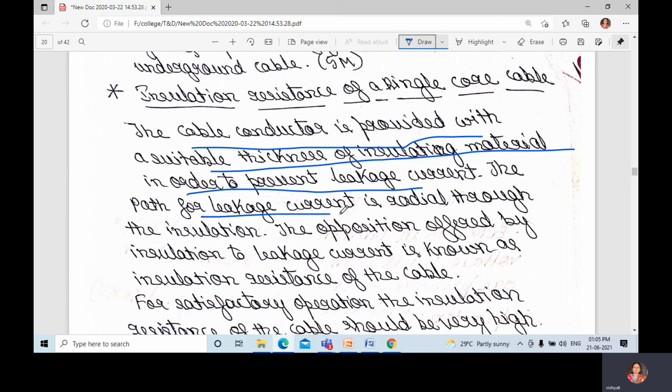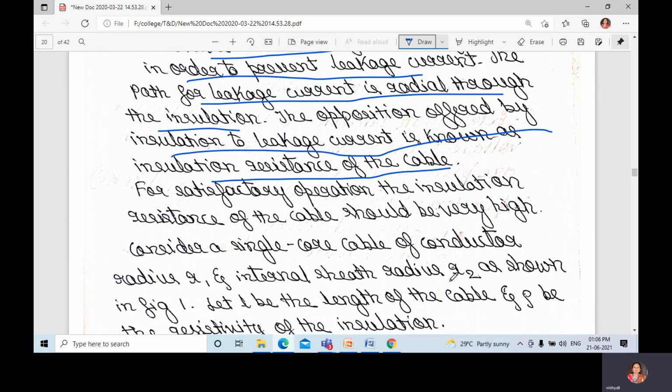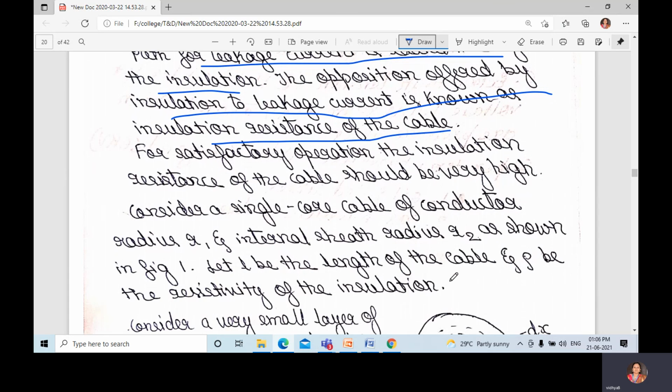The path for leakage current is radial through the insulation. The opposition offered by insulation to leakage current is known as the insulation resistance of the cable. For satisfactory operation, the insulation resistance of the cable should be very high.